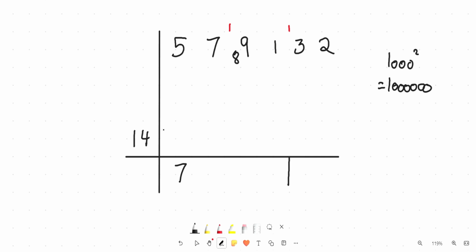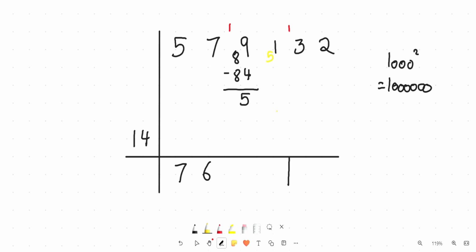Now if we go for a 6, right, 14 5s are 70, 4 6s are 24, so 84, so we can go for a 6. Minus 84, remainder is 5.